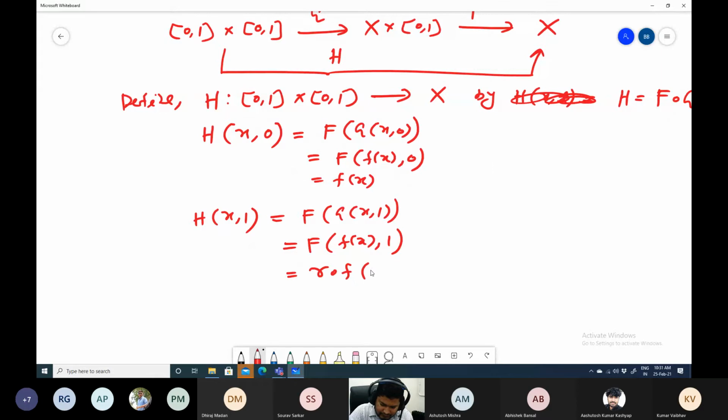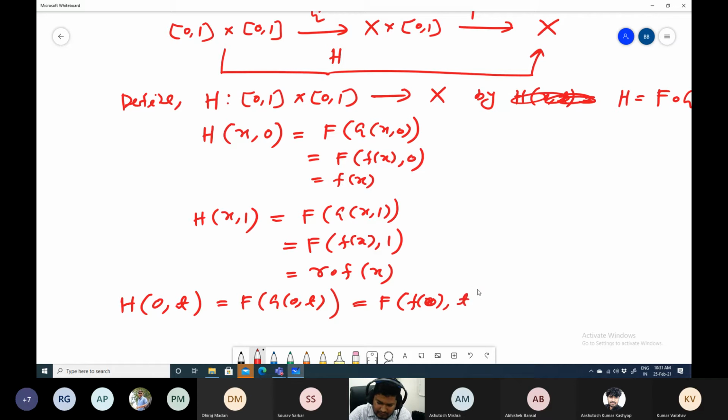R compose f x. Right. Now the only thing is we need to show the first point and the second point. Now what is x of 0 comma t? Again this is f of g of 0 comma t. Now that is f of f0 comma t. Now what is f0?